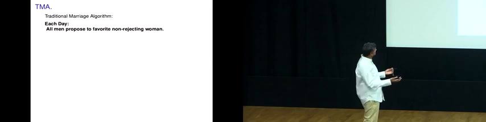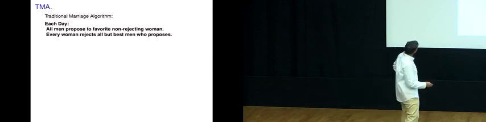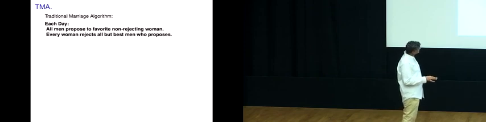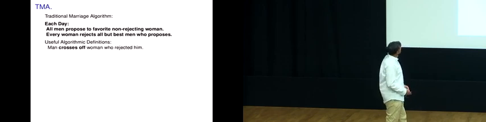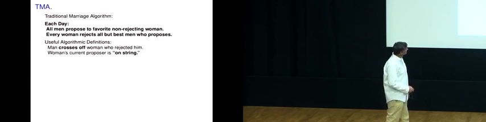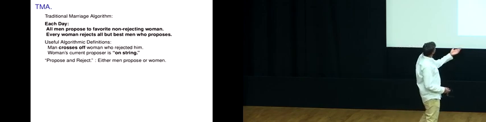I'm just saying stuff. Okay, so all men propose to their favorite non-rejecting woman. Every woman rejects all but the best man who proposes. Right? Okay, so now we've set up our definitions again. The man crosses off a woman who rejected him. The woman's current proposer is on a string. And either men propose or women propose.